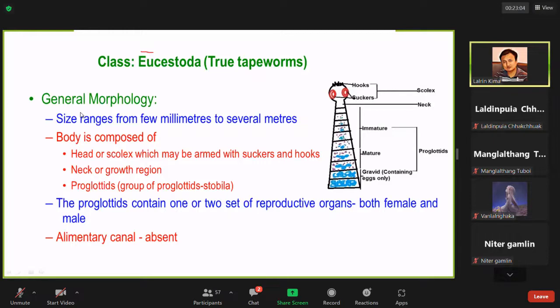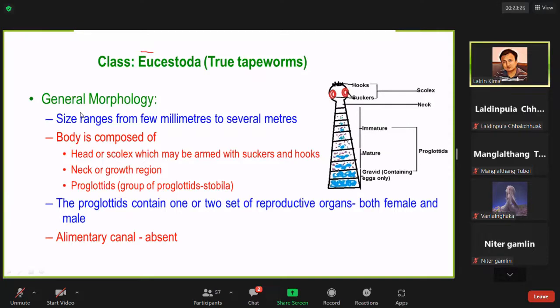For poultry, Dipylidium can be up to a maximum of 5 millimeters. Whereas Moniezia benedeni, they said there is a record of up to 25 meters, a quarter of the football field. Their size can range from a few millimeters to several meters.